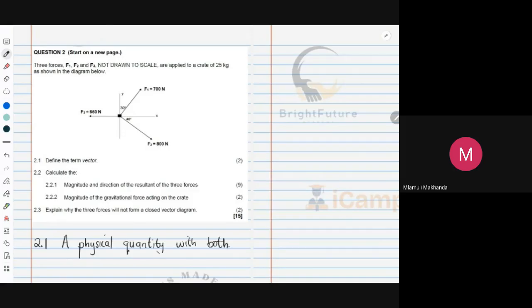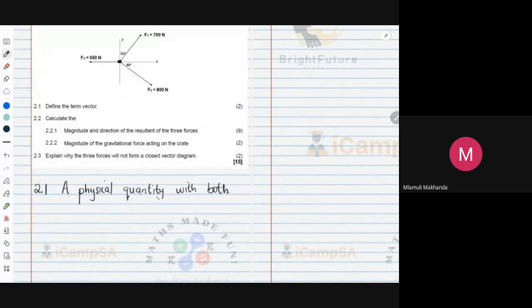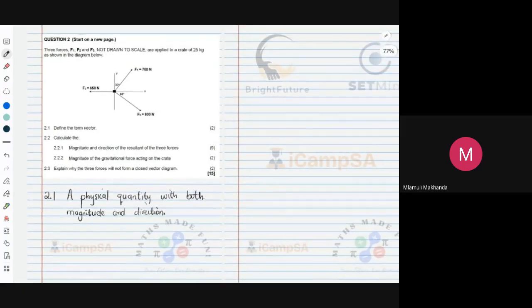This definition is so easy. You can even teach your grade R sister or brother or cousin. They will remember it. Right, so that's what a vector is: a physical quantity with both magnitude and direction.